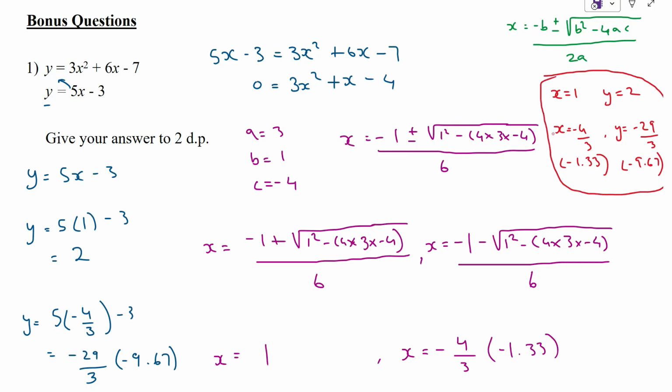Okay, there we go. Now we're just going to sub in these values into both equations, and remember, when doing this on your calculator, please use the fraction and not the rounded number, just so our checks are more accurate.